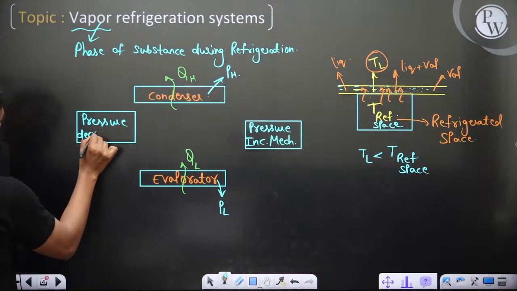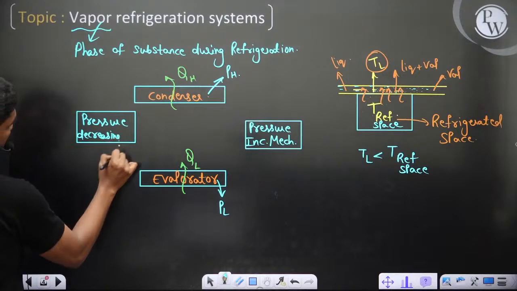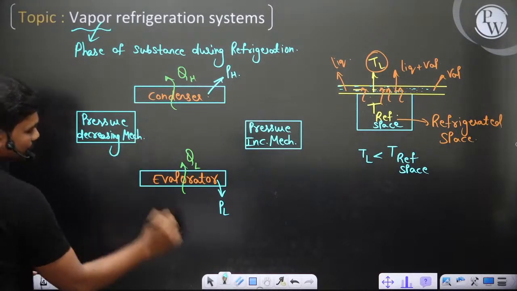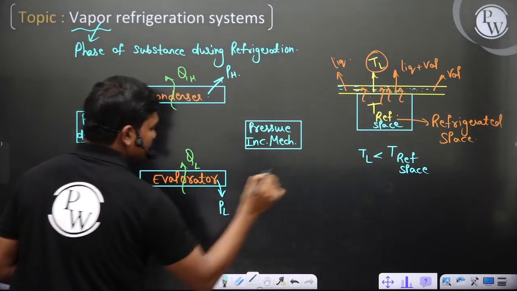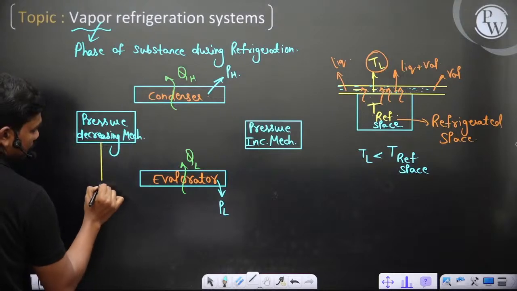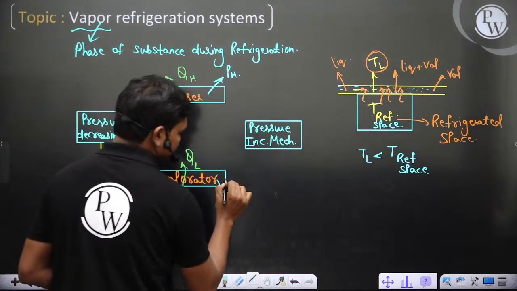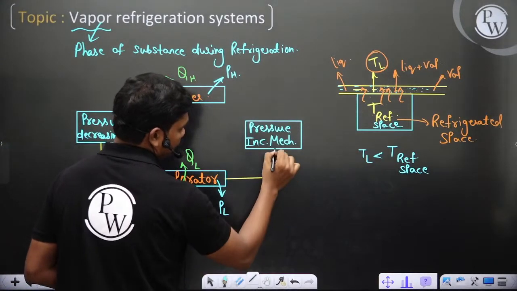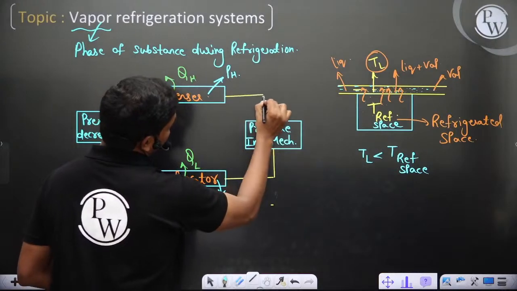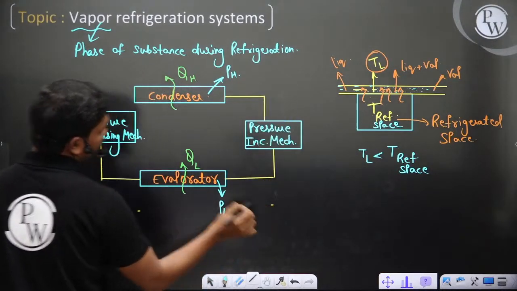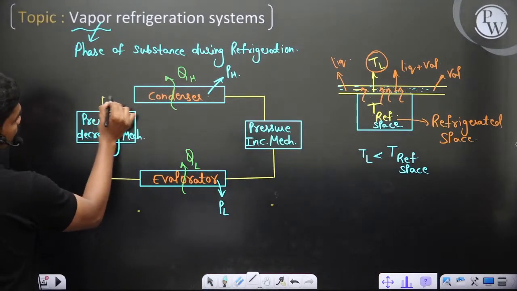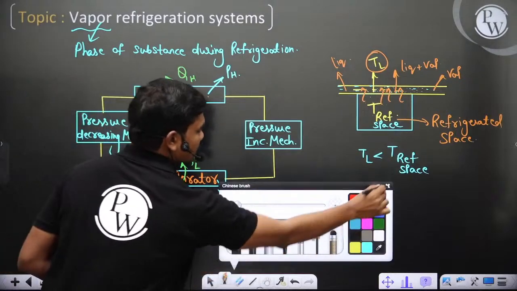So you can connect the circuit now clearly. You can see this is how it happens. So this is the circuit actually.